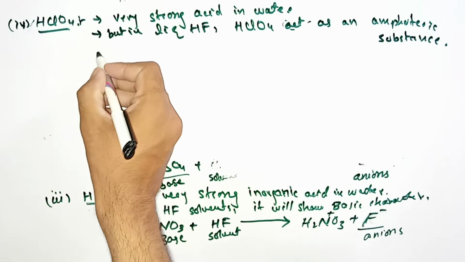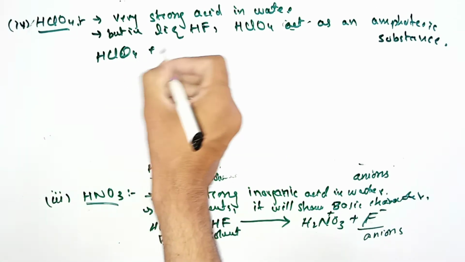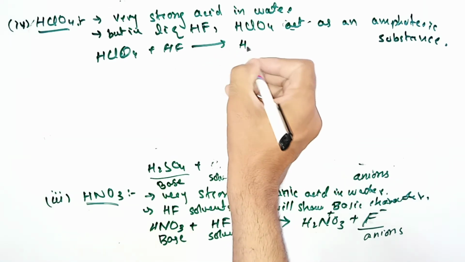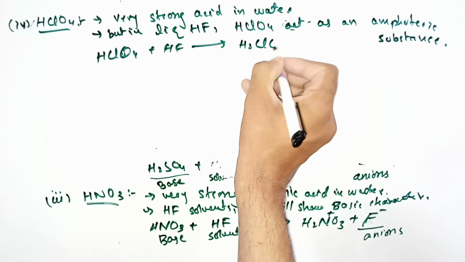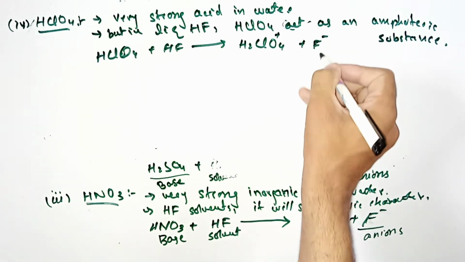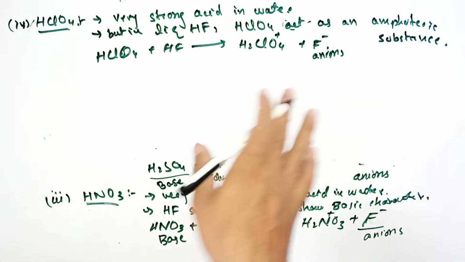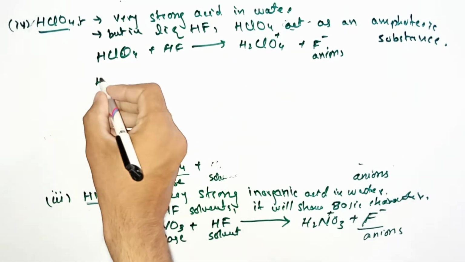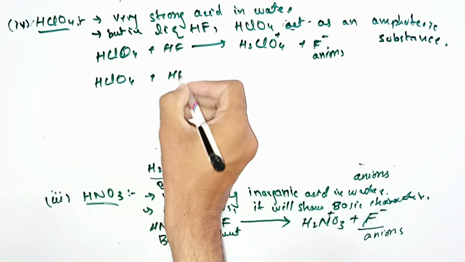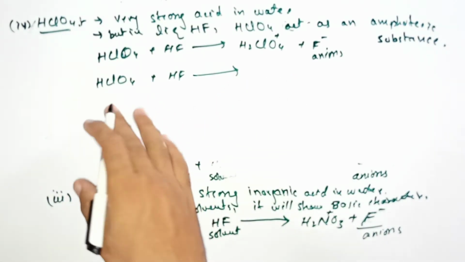For example, when you add HClO4 in HF, it can produce H2ClO4 plus F negative. F negative is the anion of the solvent that was produced by the auto-ionization. Similarly, at the same time, in the same solution, HClO4 can also have the donating property of proton.